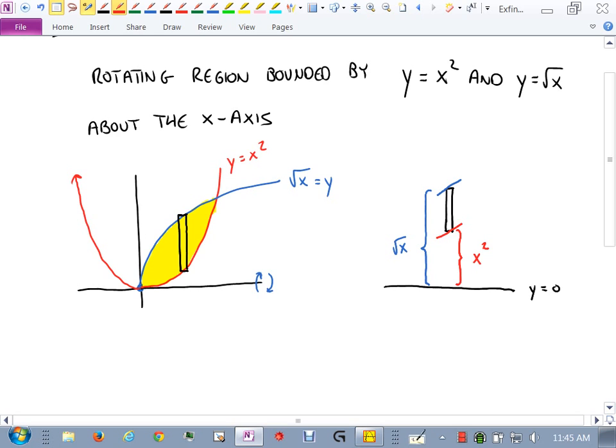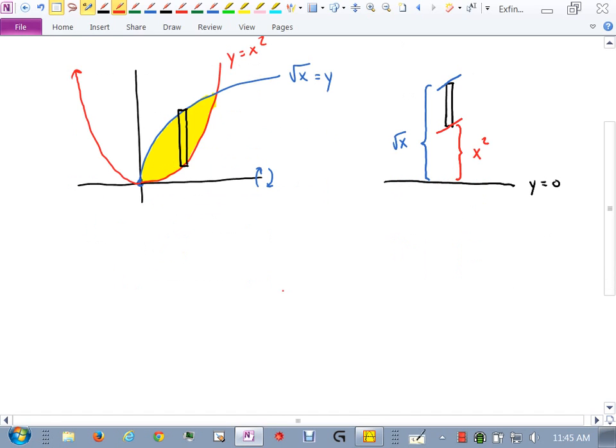And so by the formula, it should be pi integral from, I think you're all aware that that's 1, right? 1 is where they hit each other.